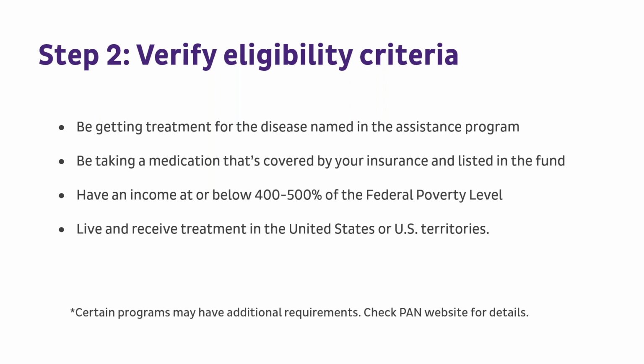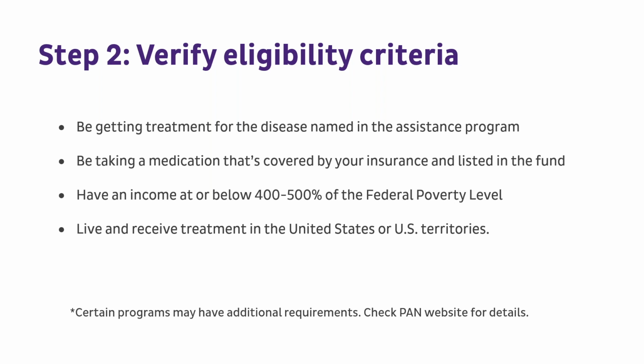3, the patient's income must fall 400 or 500% at or below the federal poverty level as specified by the assistance program. It's important to note that the insurance and income guidelines vary for each assistance program. So be sure to verify this and all the program guidelines on the specific disease fund page.